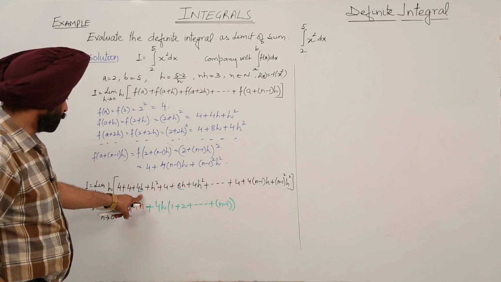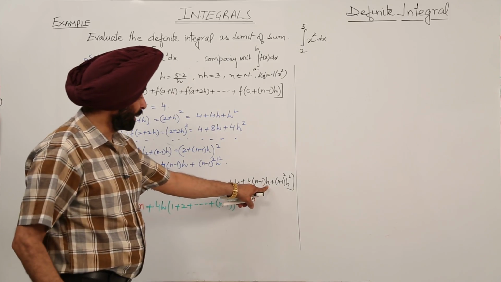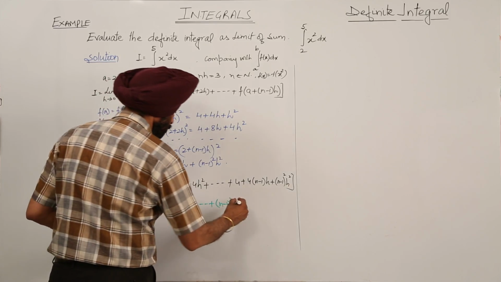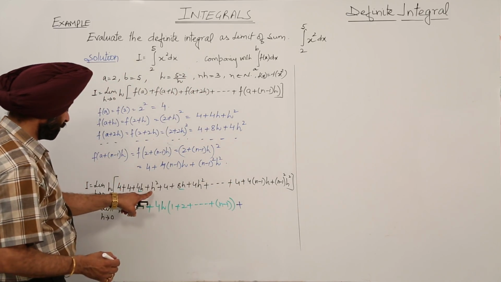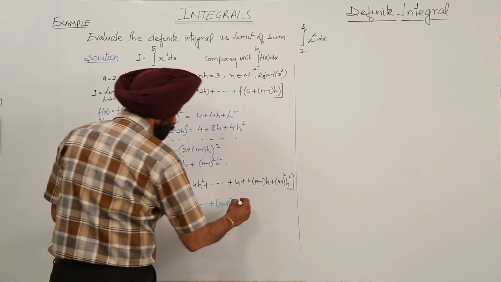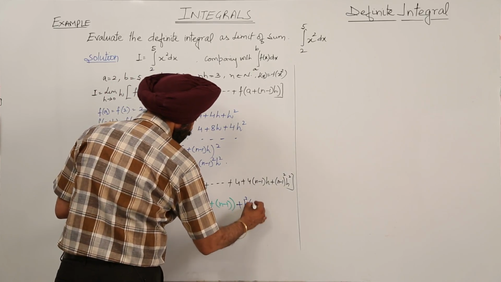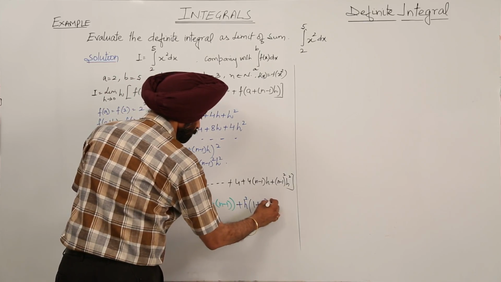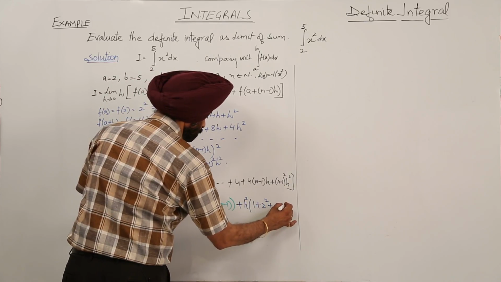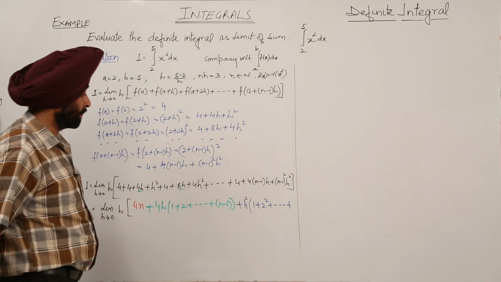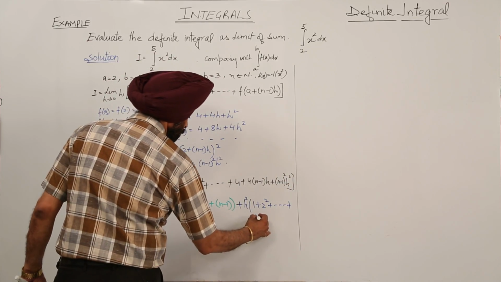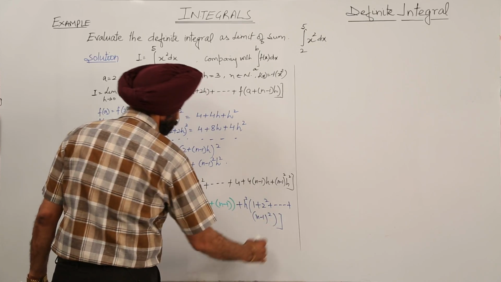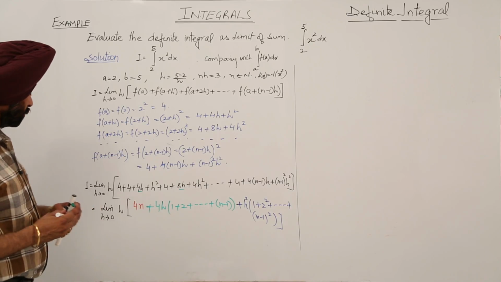Now we are having h square. Taking h square common, what we are having? 1 plus 2 square plus ... plus (n minus 1) whole square. No confusion at all.